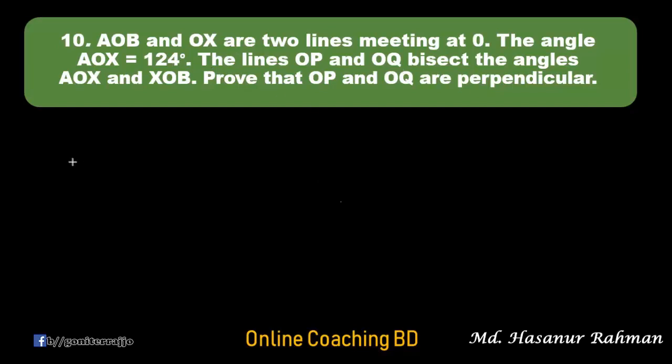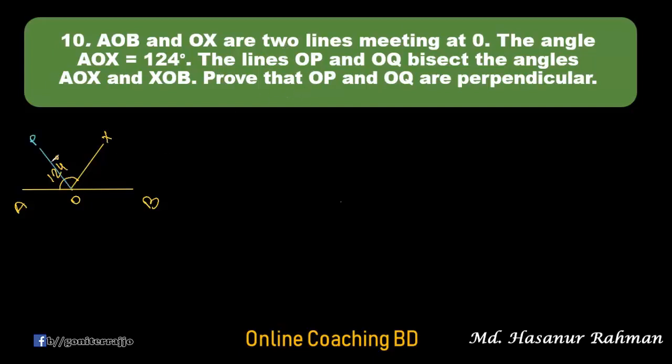First, we have to draw the figure. Suppose this is AOB and another line that is called OX meeting at O. That means we can draw another line called OX meeting at O with AB. The angle AOX, this angle, is 124 degree. And now the question says the lines OP and OQ, another two lines, bisect the angles.